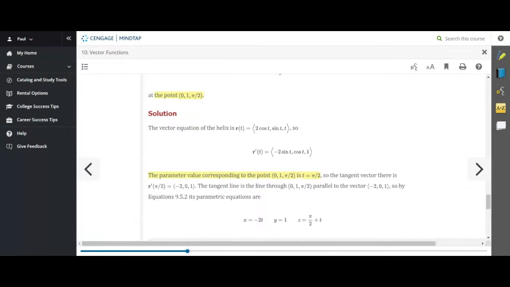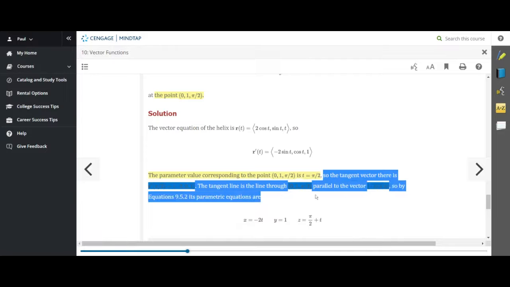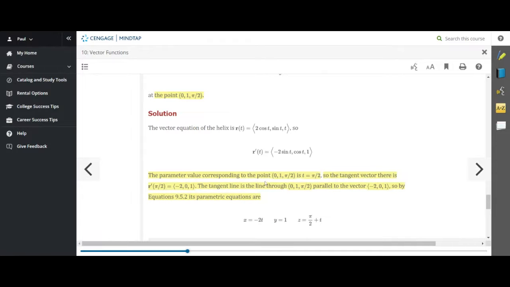And so the tangent vector there would have components -2, 0, 1. So now we have the parametric equations of the tangent line. Here are the parametric equations of the tangent line.